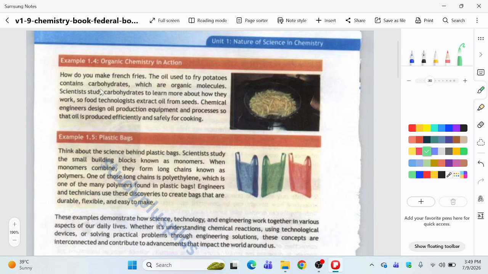This you can read, but overall I can say that organic, later onwards. And then a plastic bag is having monomers. Monomer is one, this is a monomer.